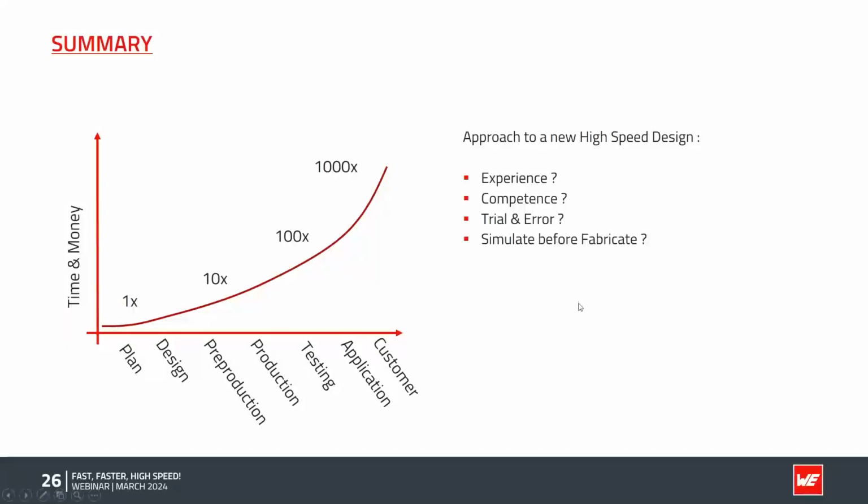So when you start a new high-speed design, what will be your approach? Do you have enough experience? Do you have enough competence? Do you just go trial and error, make a prototype, measure it, make another prototype, measure it, or do you go the way of simulate before fabricate?